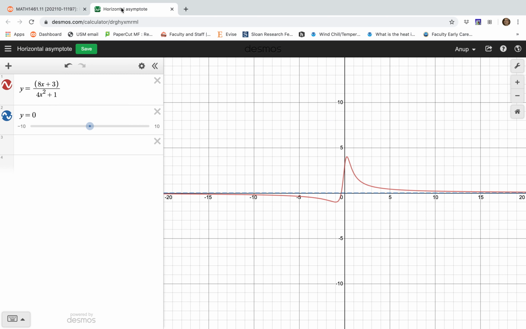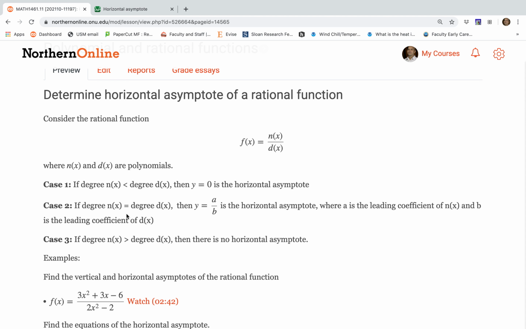A nice example is this one. The degree of the numerator is 1, the degree of the denominator is 2, and 1 is less than 2, so clearly y equal to 0 is the horizontal asymptote. Done. If the degree of the numerator is equal to the degree of the denominator, then take the ratio of the leading coefficient of the numerator to the leading coefficient of the denominator, and y equal to that ratio will be the horizontal asymptote.